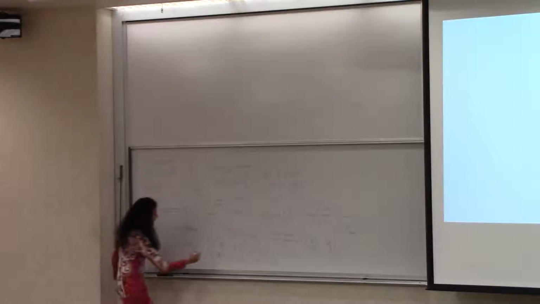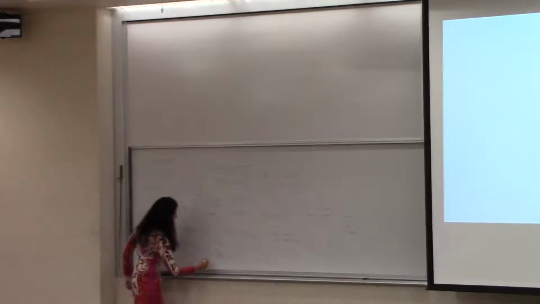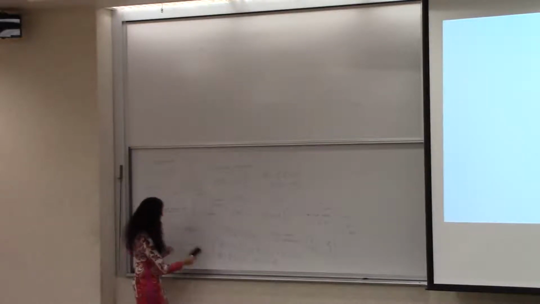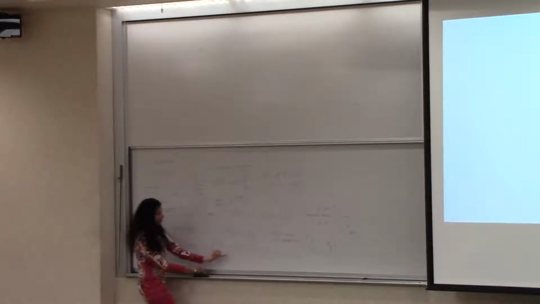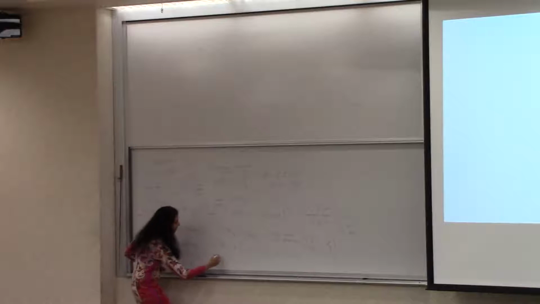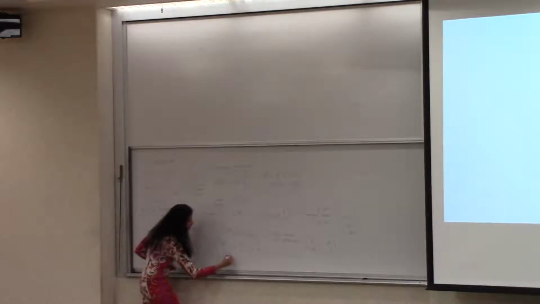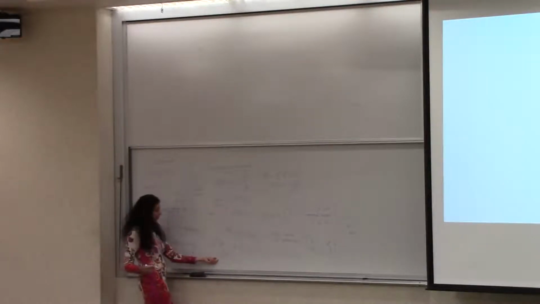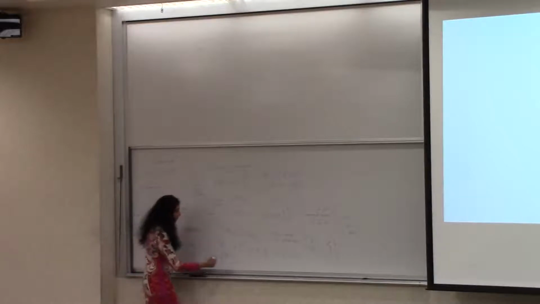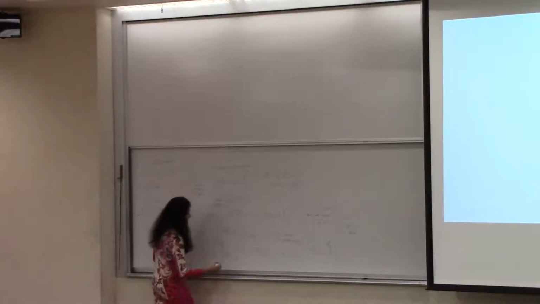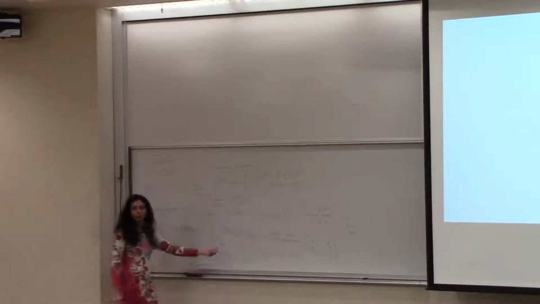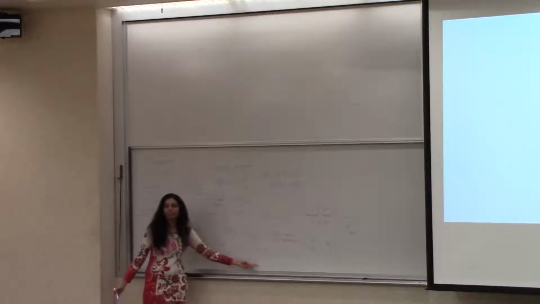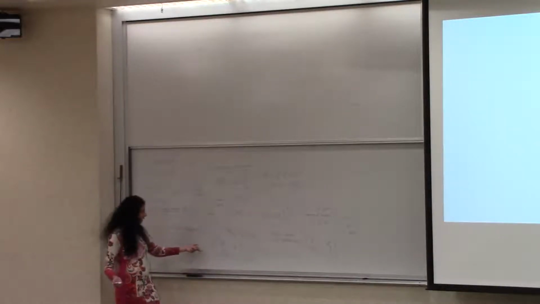You can simplify this. This is nothing but V transpose M V, the quadratic form on M, minus lambda V transpose V. Without loss of generality, I can make V transpose V equal to 1, because all I'm checking is the sign.